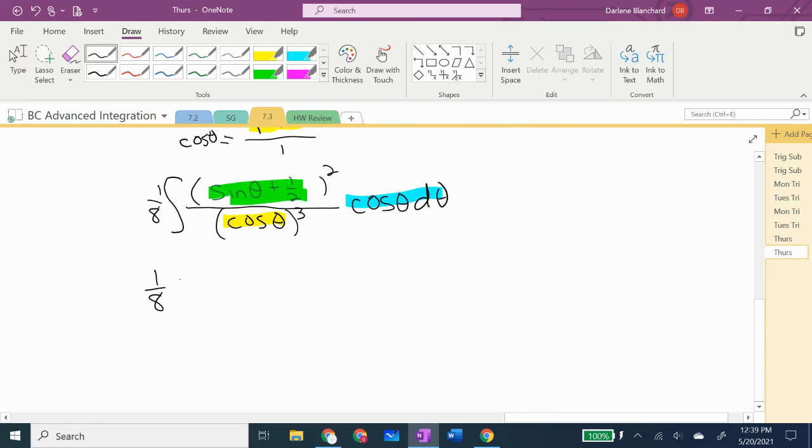Okay, now I have a denominator of cosine squared once I cancel one of those away. For my numerator, I need to expand, but be careful, I don't just distribute my exponent over addition.